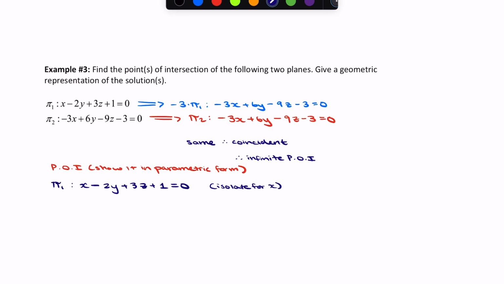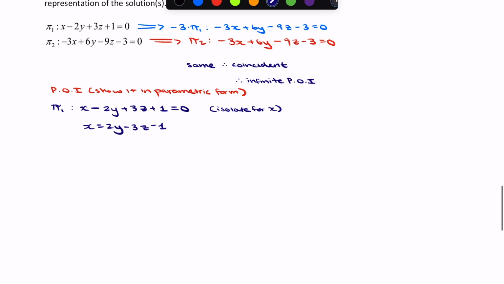If we isolate for x, we get x is equal to 2y minus 3z minus 1. And here what we want to do is pick some parameters for y and z.